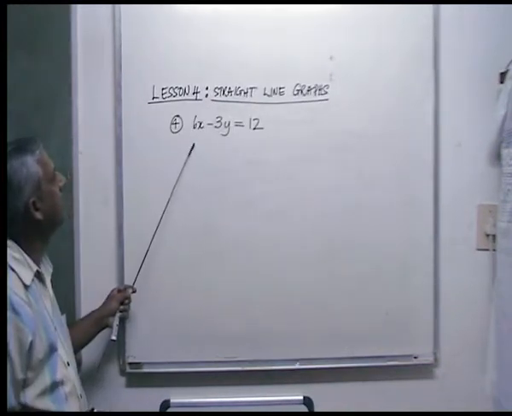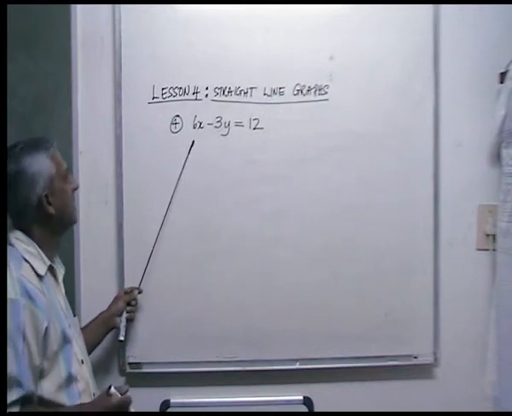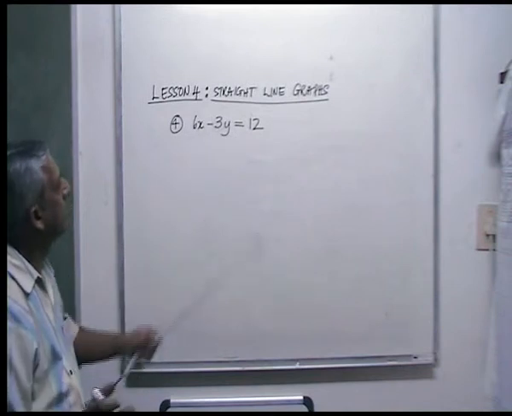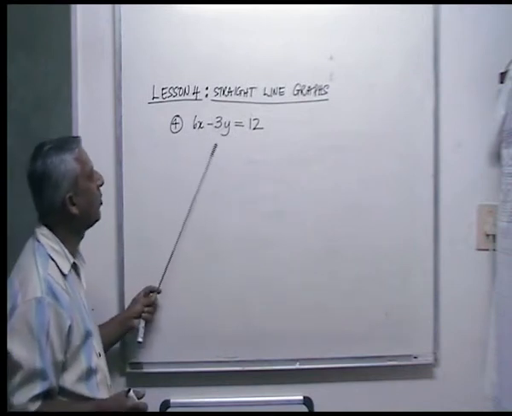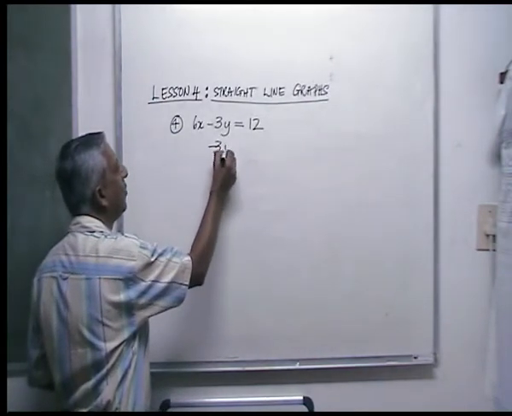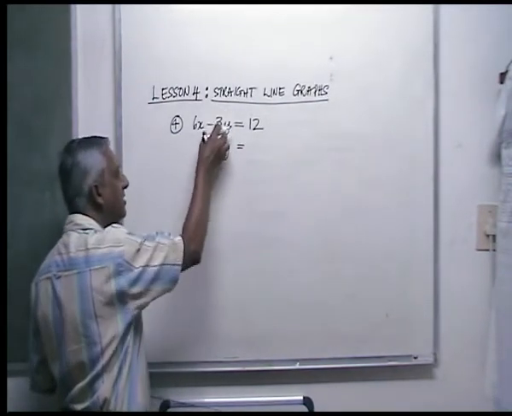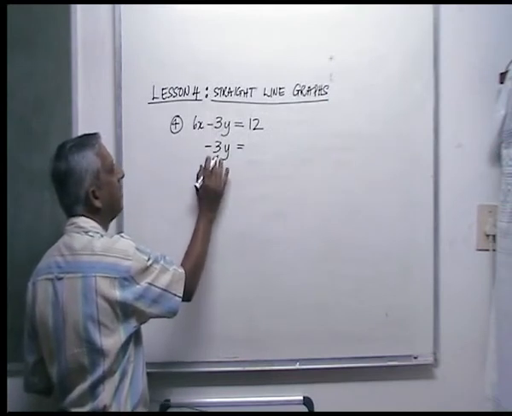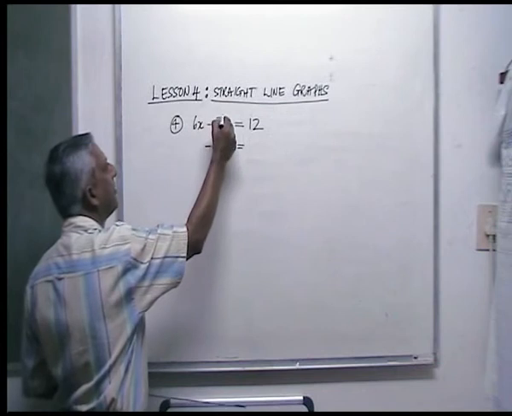Alright, let's have a look at number 4. So you got 6x minus 3y is equal to 12. You're going to say, right, let me leave the y on this side. If I leave it on this side, it will be minus 3y. There it is, minus 3y. Now I finished with that.